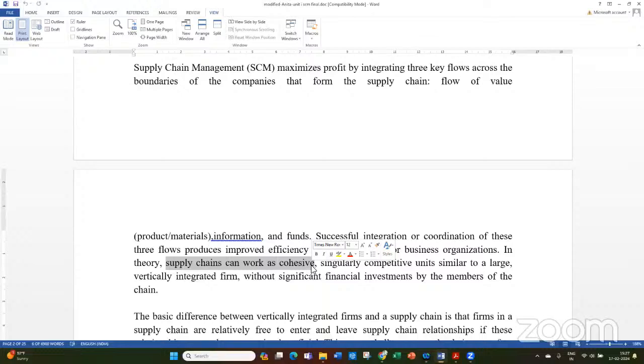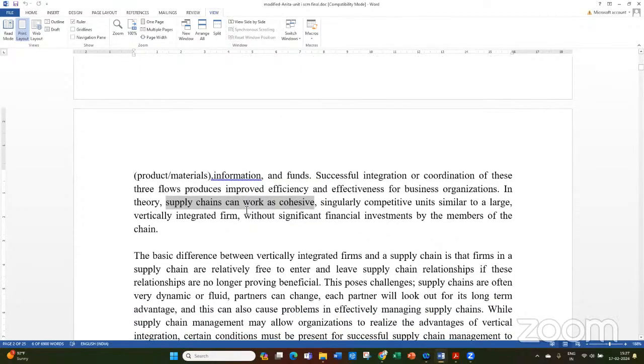And tires are required for assembly, so with the tire organization you have to have a collaboration. Like that, supply chains work as a cohesive, singularly competitive, singularly large, vertically integrated form without significant financial investment for the chain. So this is the theoretical part.